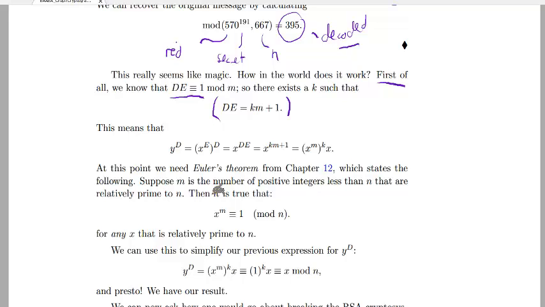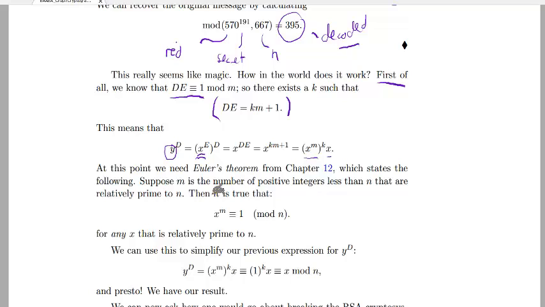Now, if Y is the received message, remember that Y was found as X to the E. So Y to the D is X to the E to the D power. And that gives me X to the DE power. And DE is KM plus 1, which is X to the M to the K, times X. So we're just using exponent rules here.